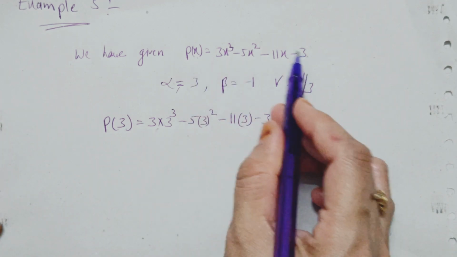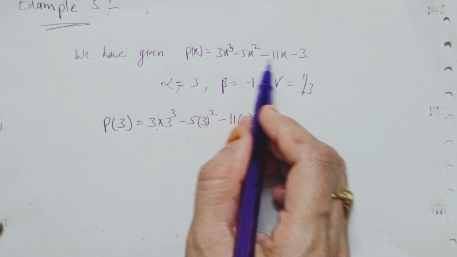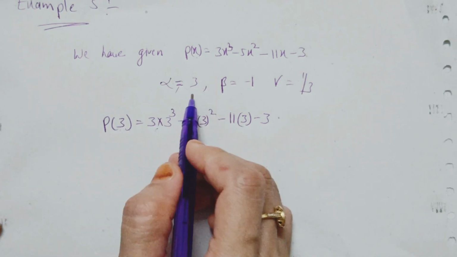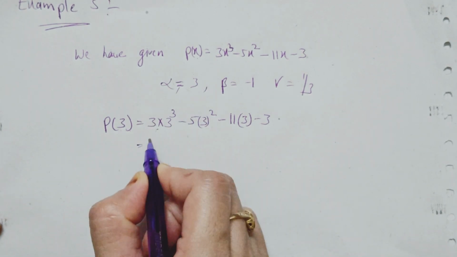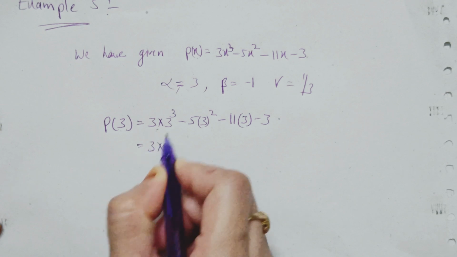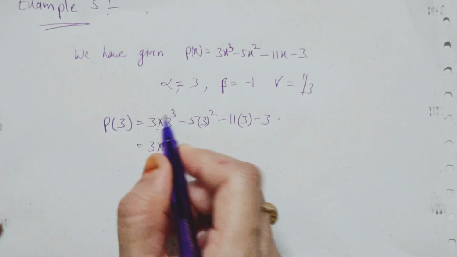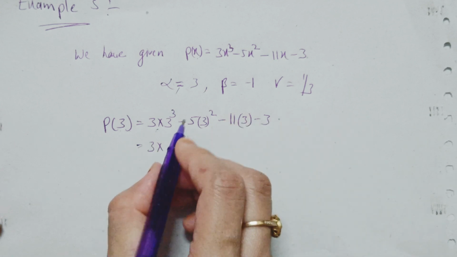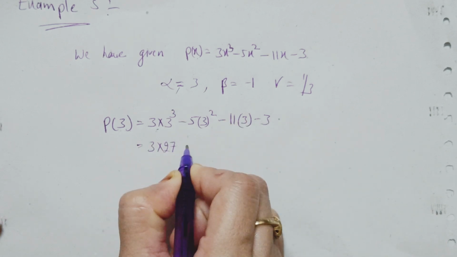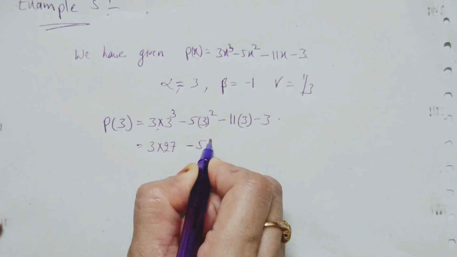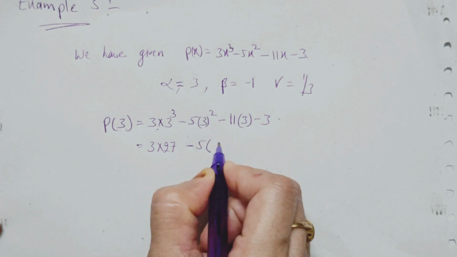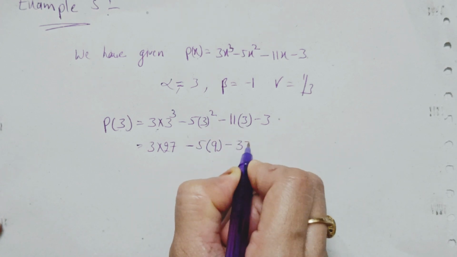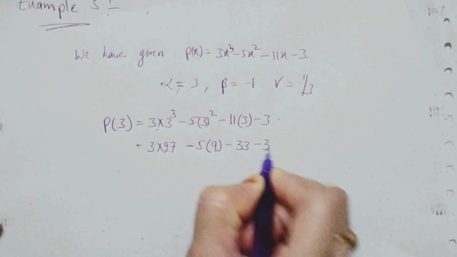So in this polynomial, in the place of x I am taking 3, which is the first zero. So 3 multiplied by 3 cube, which is 3 into 3 into 3. 3 3s are 9, 9 3s are 27. So 27, minus 5 into 3 square, which is 9. 11 3s are 33. Then minus 3.